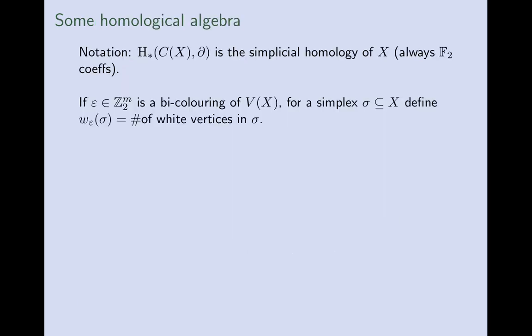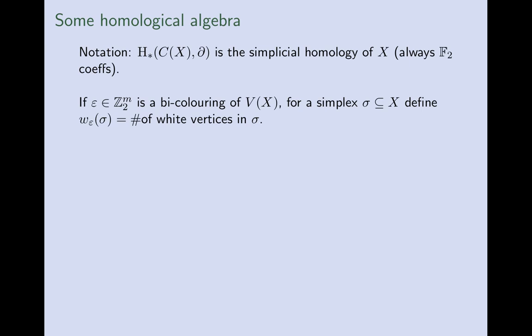Okay, let's start by giving some notation we'll use throughout. First of all, C of X is just going to be the usual simplicial chain complex of the simplicial complex X. So it's basically the graded abelian group spanned by the simplices of X. And delta is going to be the simplicial boundary.